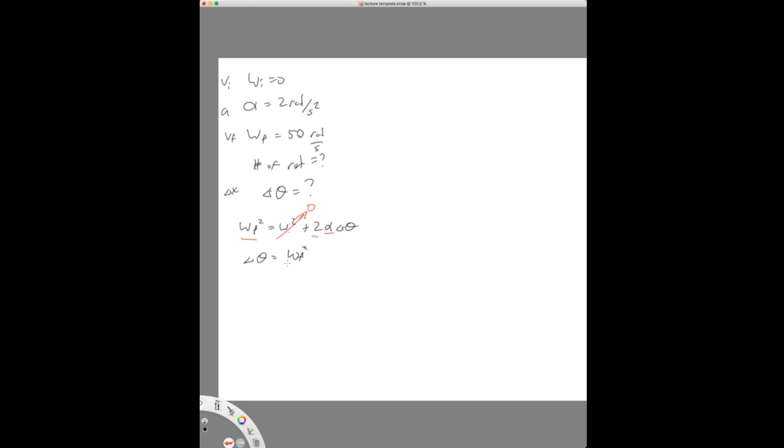It's going to be omega final squared over 2 alpha, and that would be 50 squared over 2 times 2. So that's 2500 over 4. I think that's 625 radians. Now, the units have to be radians.